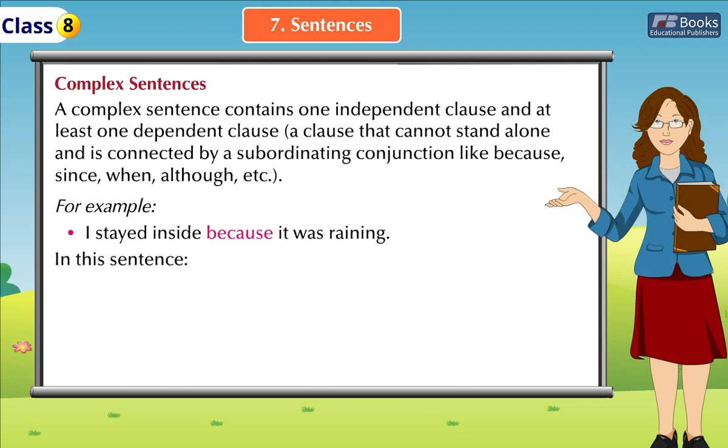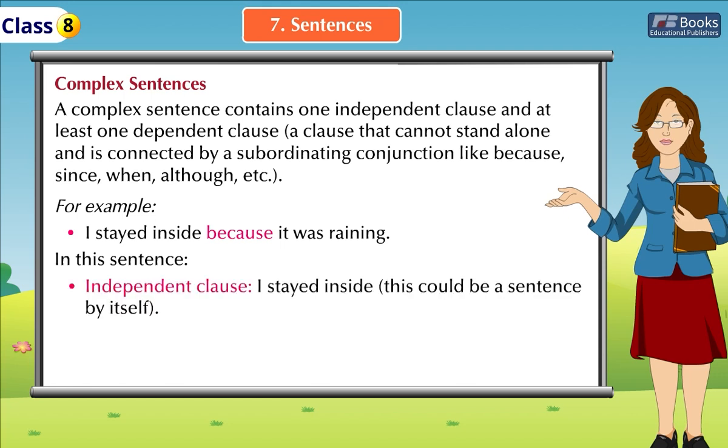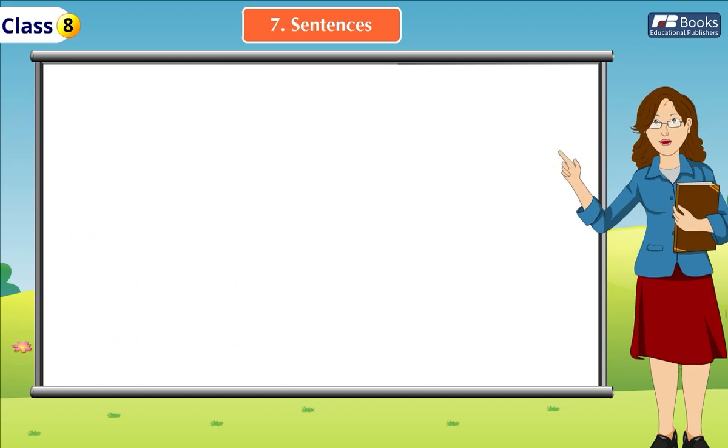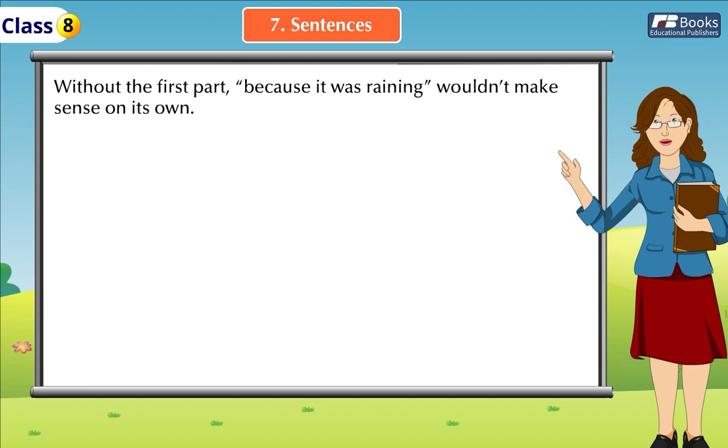In this sentence, independent clause: I stayed inside. This could be a sentence by itself. Dependent clause: because it was raining. This depends on the first part for the full meaning. Without the first part, because it was raining wouldn't make sense on its own.